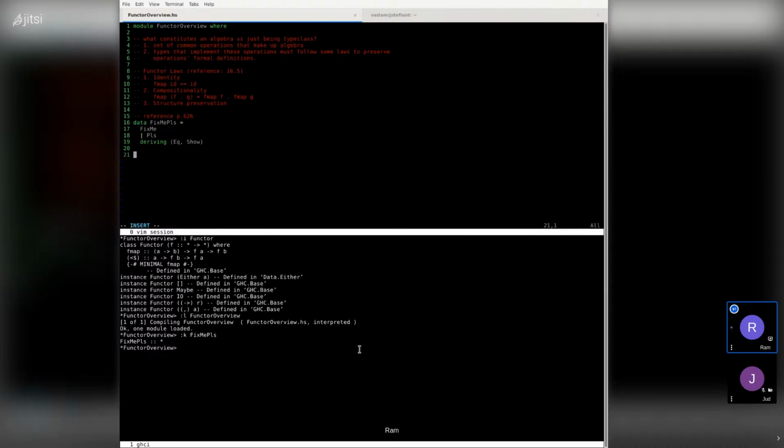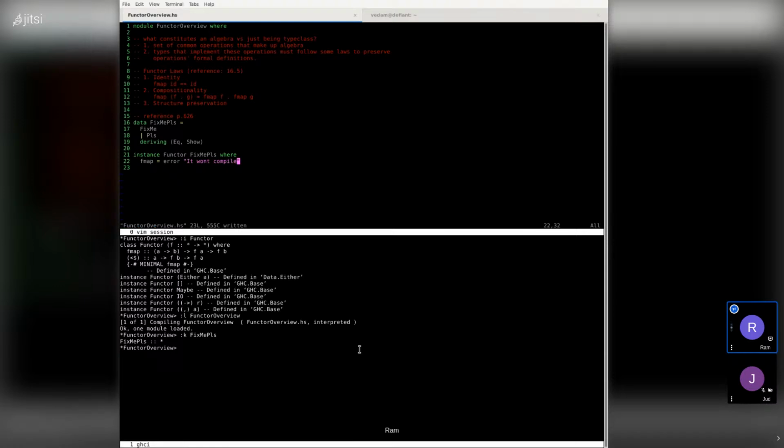Now, if we try to define a functor on this fully realized type, and we define fmap as just some error, it won't compile.